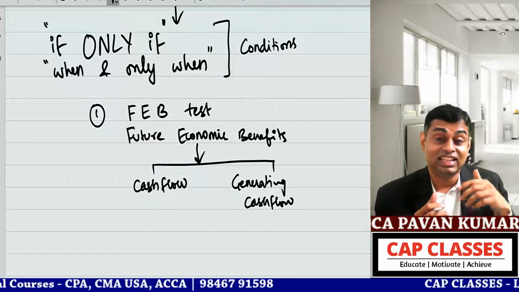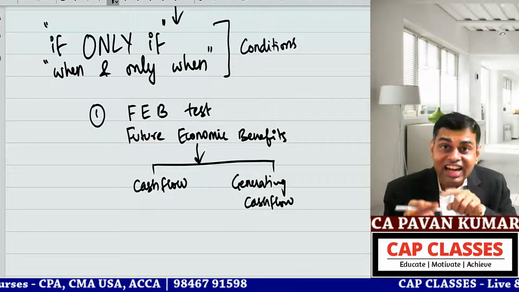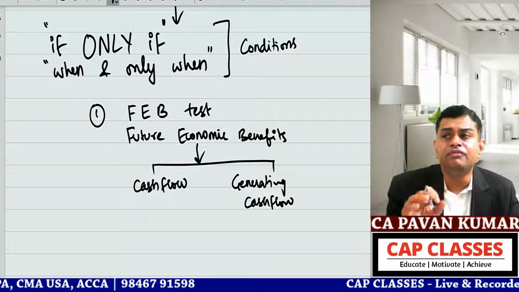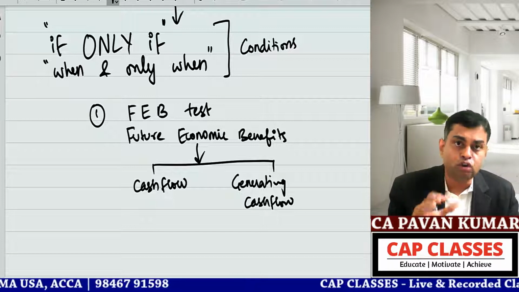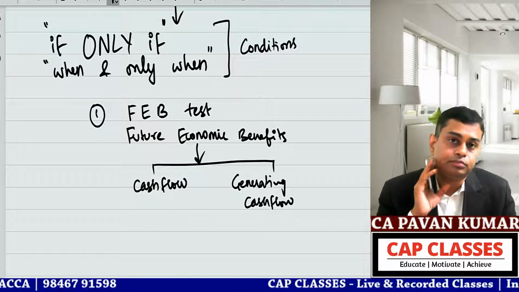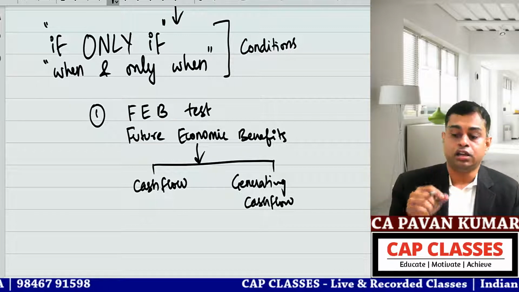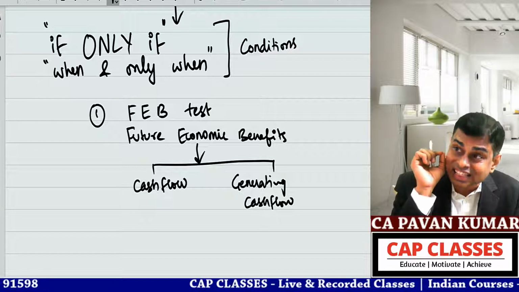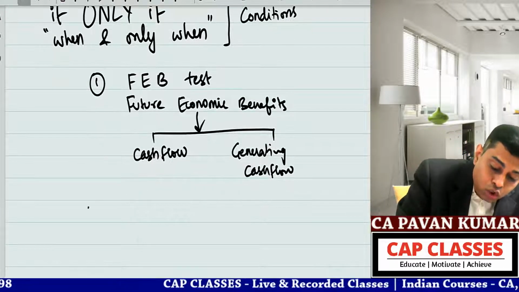But it is used in the business to generate cash flows. This is called future economic benefit. Future economic benefit need not be only cash flow directly. It is helping in generating cash flows. So, Pavan sir, you have a laptop, this will give you future economic benefits. That is test 1.